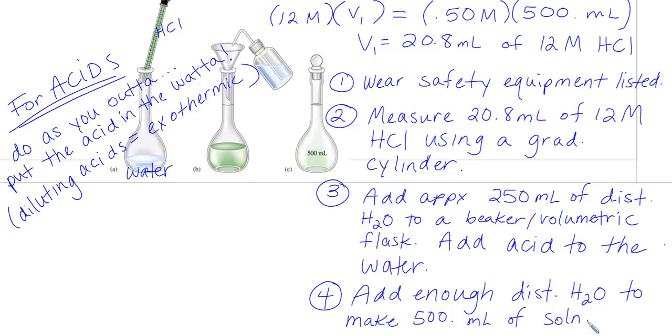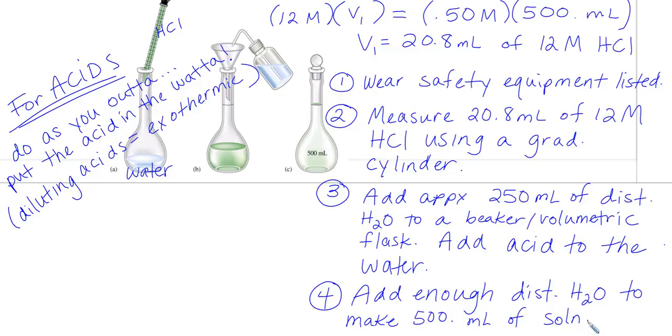Excellent. Now, if this were a base, or if this were like a sodium chloride solution that I want to dilute, then you don't have to worry about the whole like do as you ought to put it in the water. Just for acids, when you dilute an acid, it's exothermic, and that's why we want to put the acid into a larger amount of water, so that it absorbs a little bit of heat. If it's not an acid, it really doesn't matter.